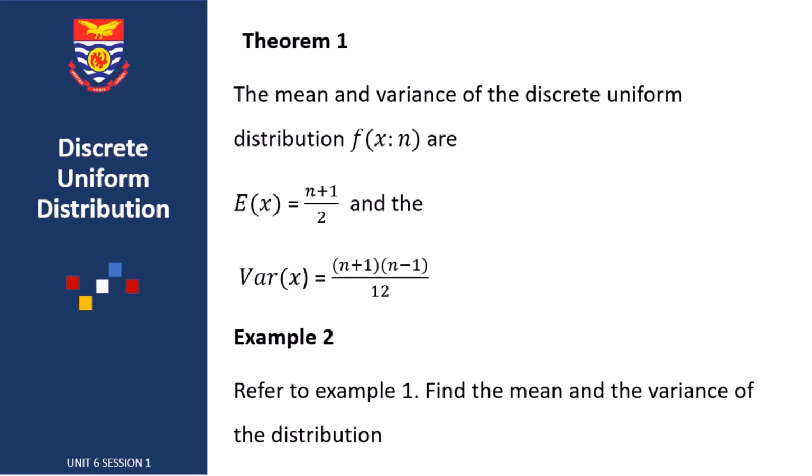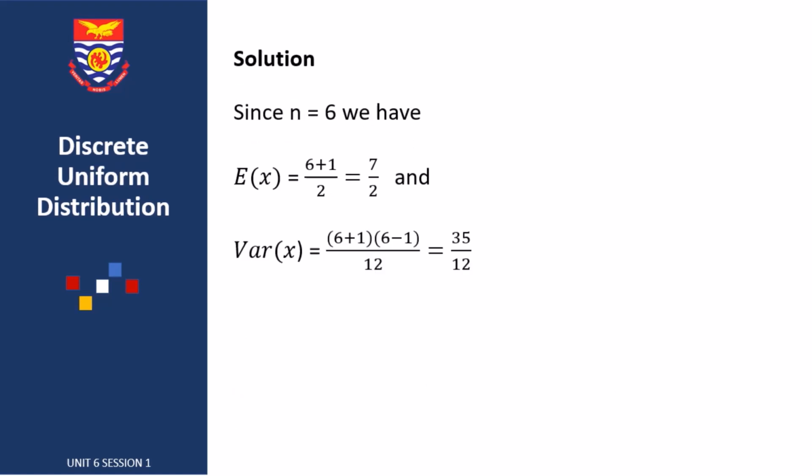Let's take another example, referring back to Example 1. If you're asked to find the mean and the variance of the distribution where a die is tossed once, what would they be? Look at the solution. Since a die is tossed once, n will be equal to 6 because it has 6 sides.